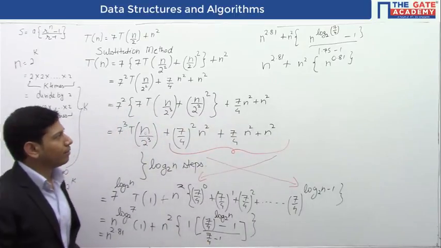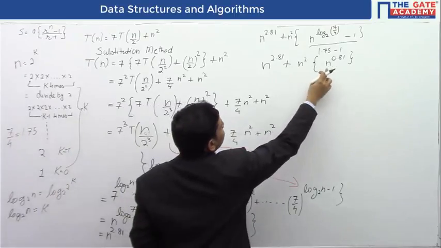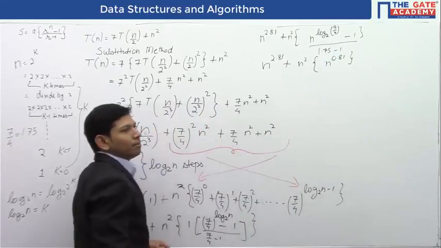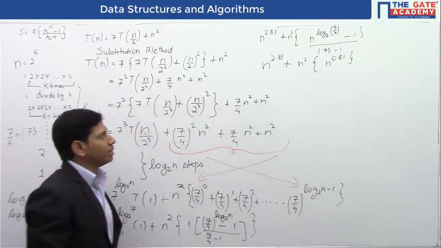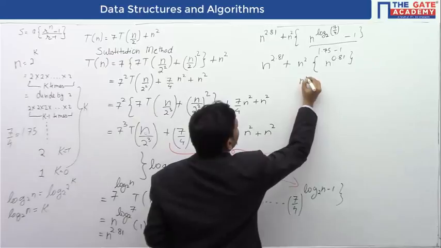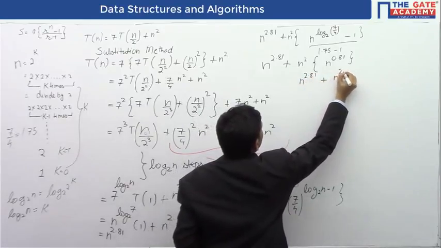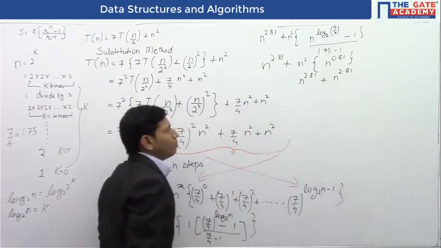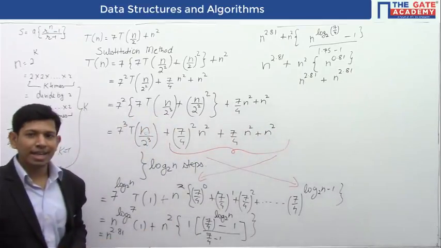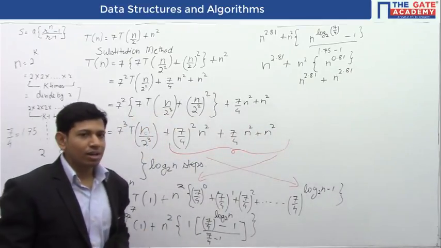So what will be the value? Since both bases are the same and they are multiplied, the exponents will be added. So what will be the sum? It will be n raised to power 2.81 plus n raised to power 2.81. Both have equal power.